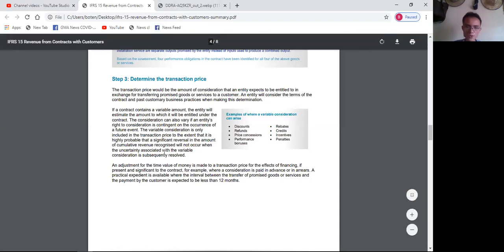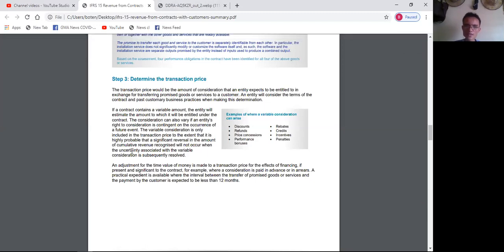Anyway, here is a certain sentence that the variable consideration is only included in the transaction price to the extent that it is highly probable that a significant reversal in the amount of cumulative revenue recognized will not occur when the uncertainty associated with the variable consideration is subsequently resolved.